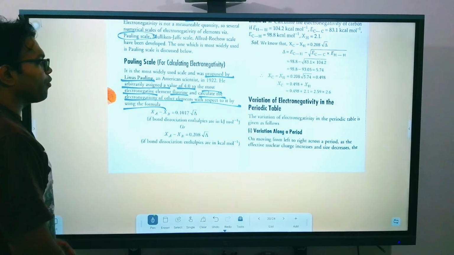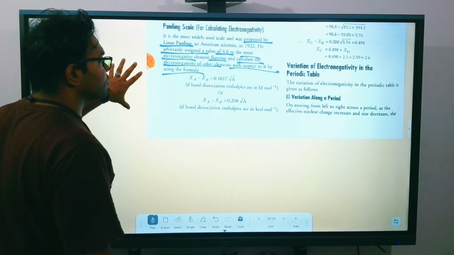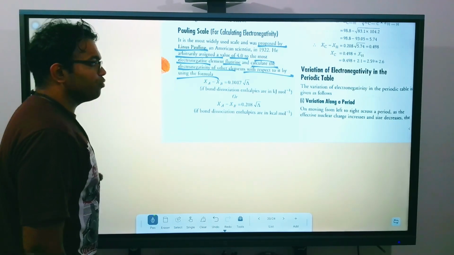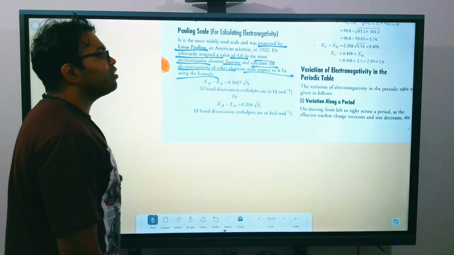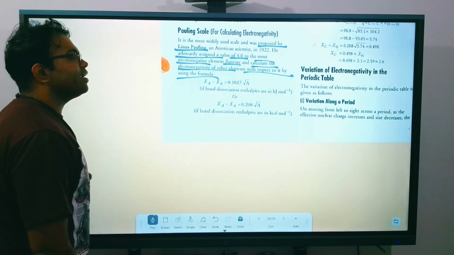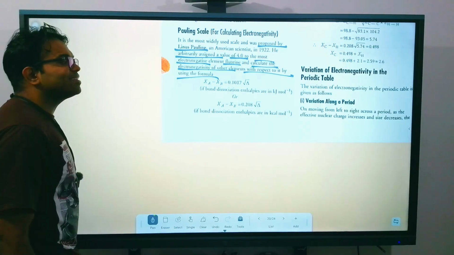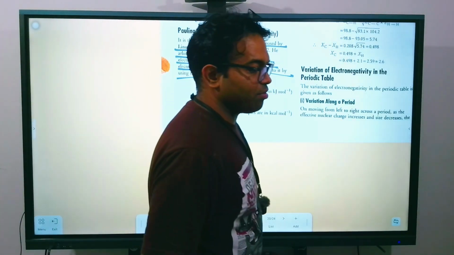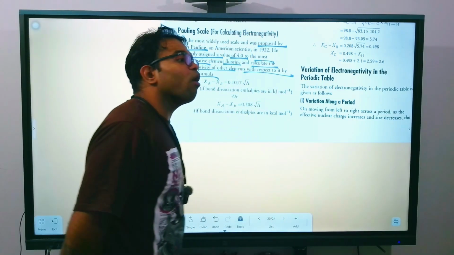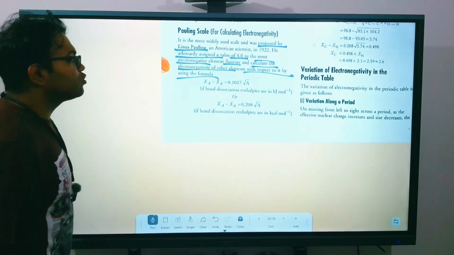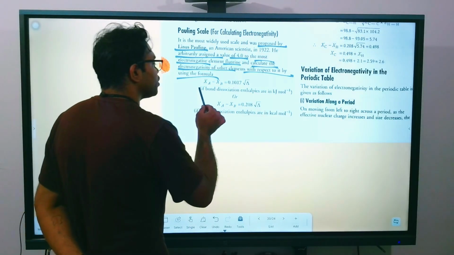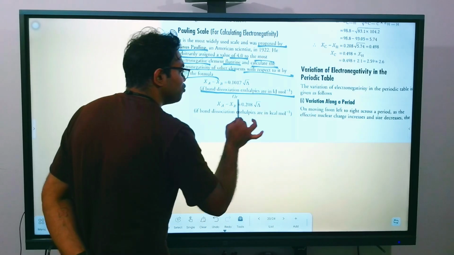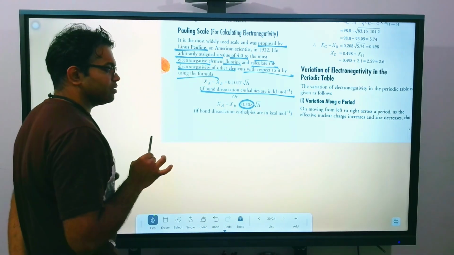Okay. Next. Now the formula that he used was XA minus XB is equal to 0.1017 root under delta. Where XA and XB are the electronegativities of the atoms. This is if the bond dissociation enthalpy is in kilojoules per mole; if it is in kilocalories, you use 0.208.